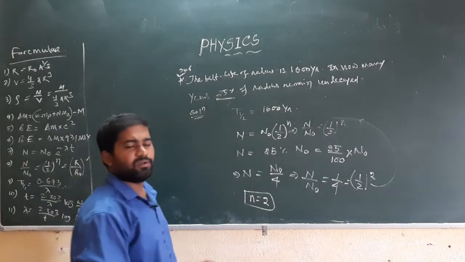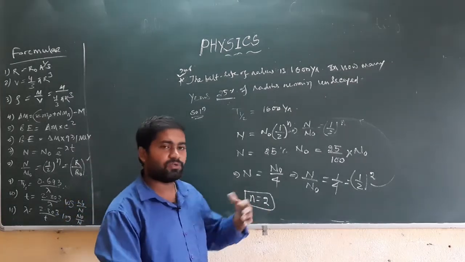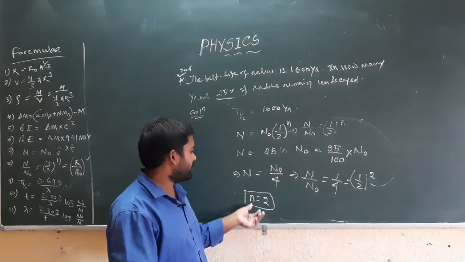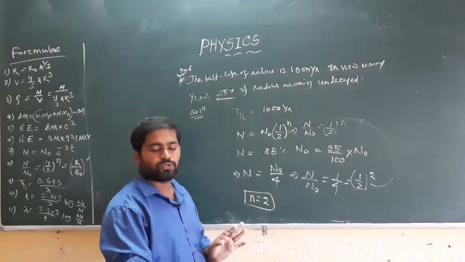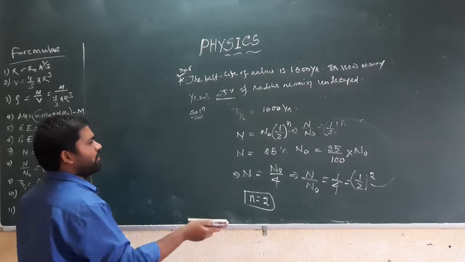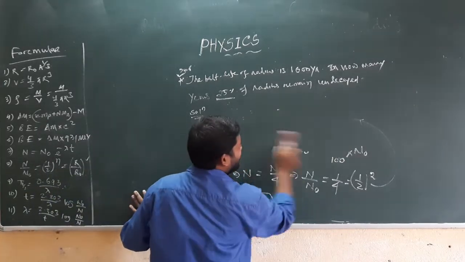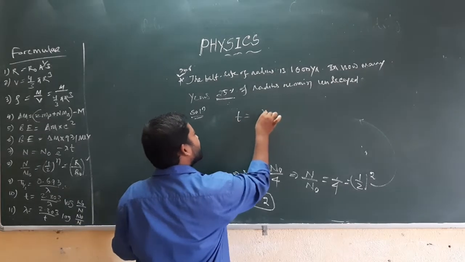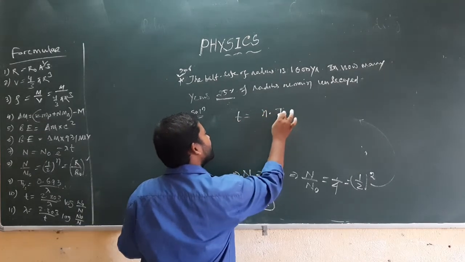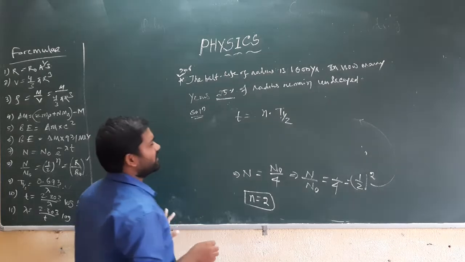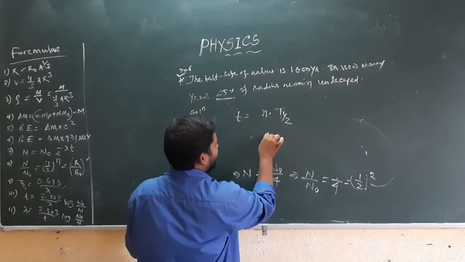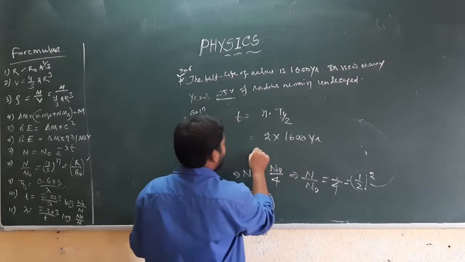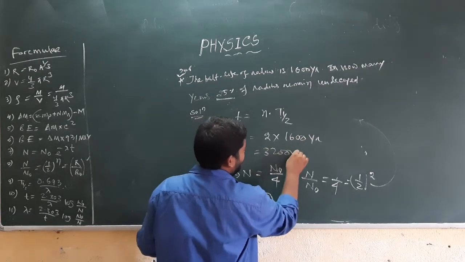So the number of half lives is 2, that means after 2 half lives the sample remains undecayed, that is n equals 2. The total time of decay will be T equals n T half, that means 2 into 1600 years, so that is 3200 years.